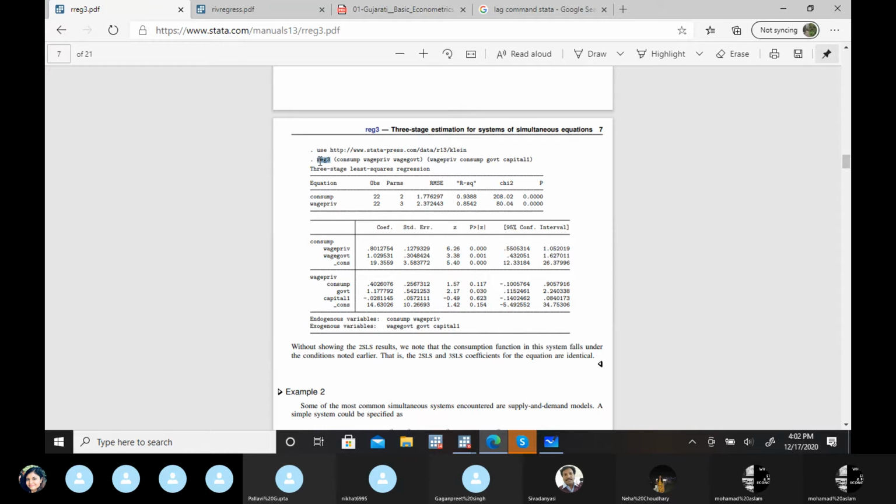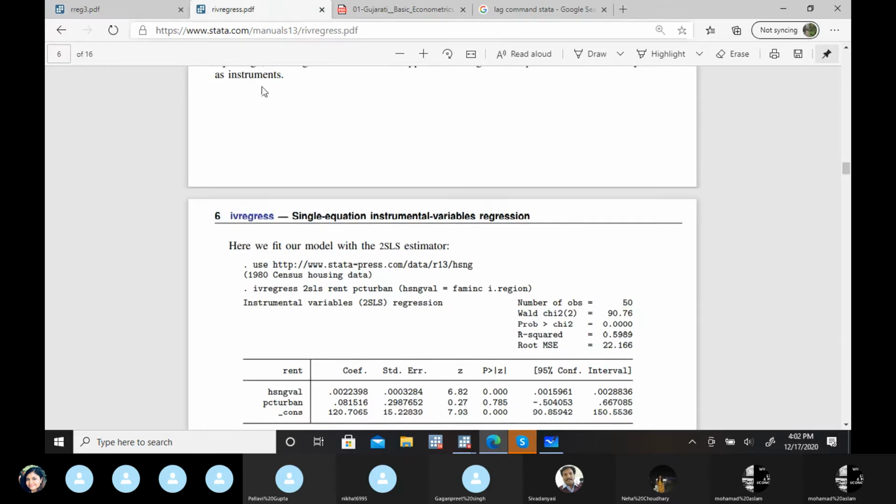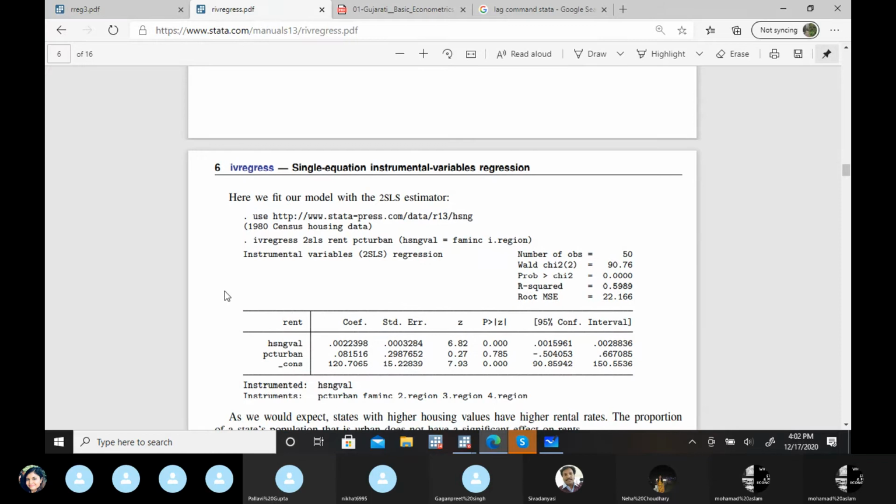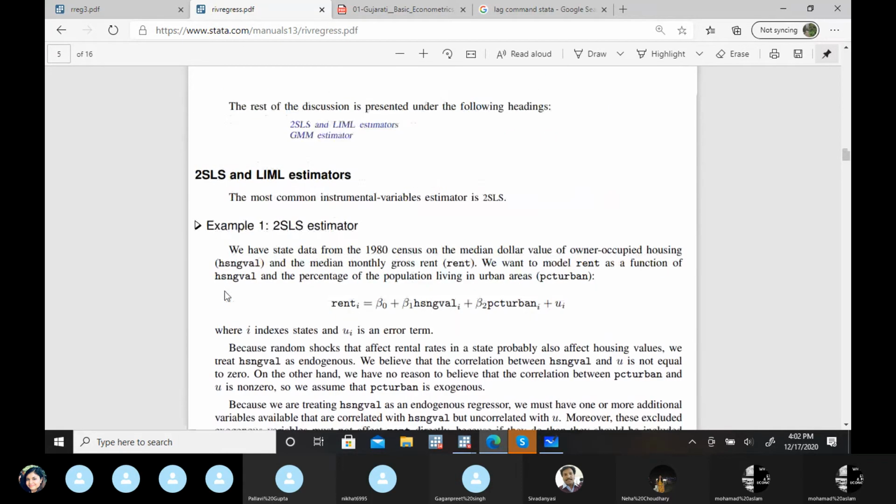Just note it down: if you need coefficients simultaneously, meaning for both the models in two-stage least squares, then this reg3 will work. If you need it separately, then you have to use this IVREG, instrumental variable regression, command.